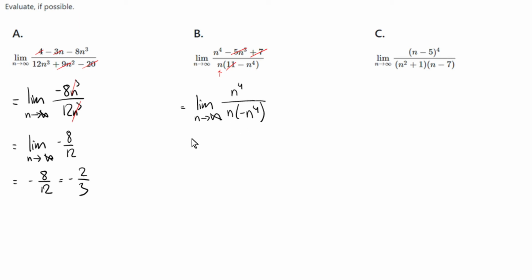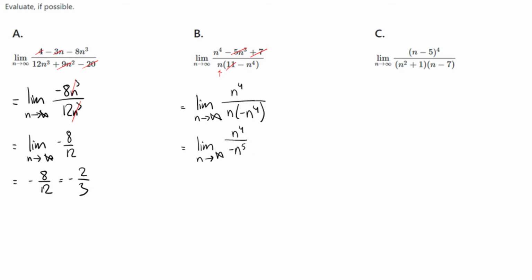We can multiply out the denominator here. We're going to get the limit as n tends to infinity of n to the power of 4 over negative n to the power of 5.